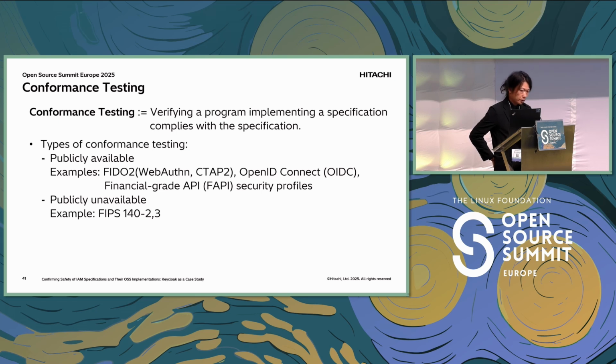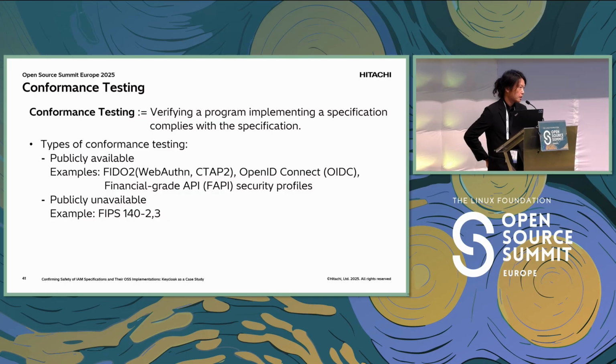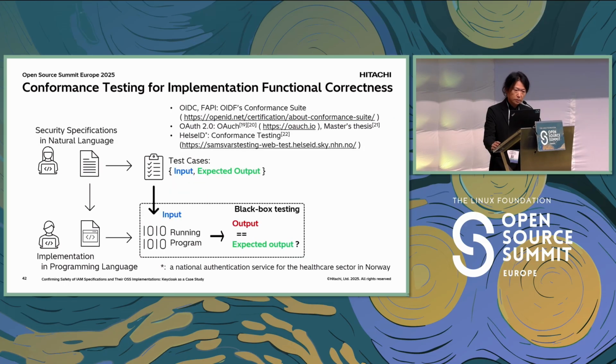And I think there are two types of conformance testing: publicly available and publicly unavailable. There are several conformance testing program suites in the world. I'd like to introduce some of them to you.